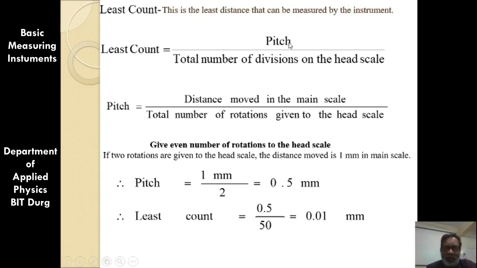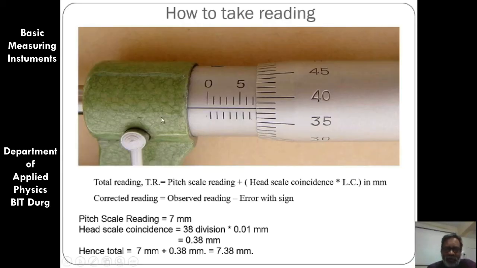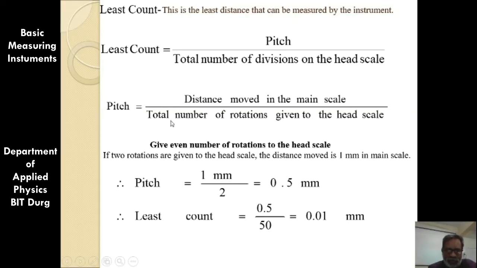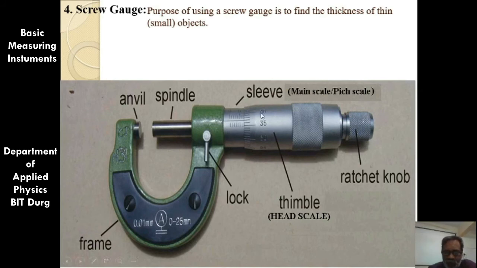What we have to determine is the pitch of the main scale, pitch of the screw on which the main scale is moving. So to determine pitch, what is the formula? It is the distance moved by the main scale divided by total number of rotations given to the head scale. So basically what we do, we keep this head scale in any one of the marks.